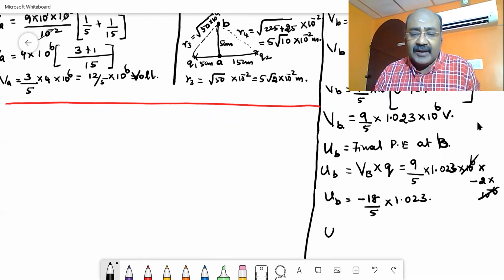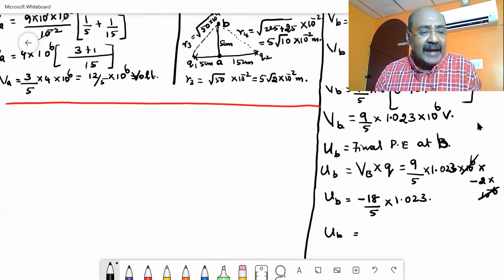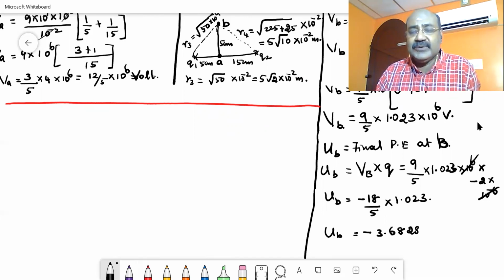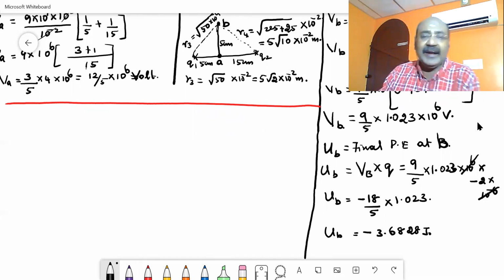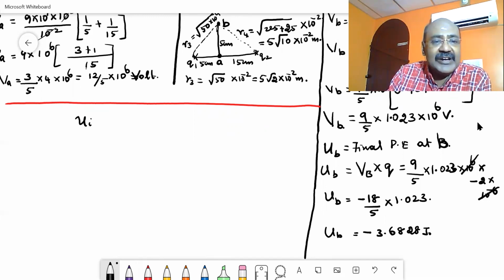So epsilon B, I have calculated the value, and the value is equal to minus of 3.6828 joule. You just multiply and divide, you will be getting this. So we have calculated the initial potential energy and the final potential energy.